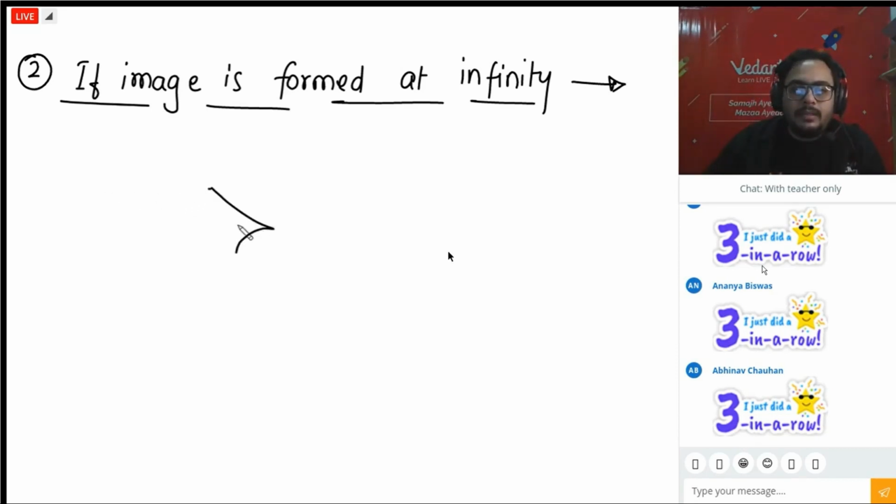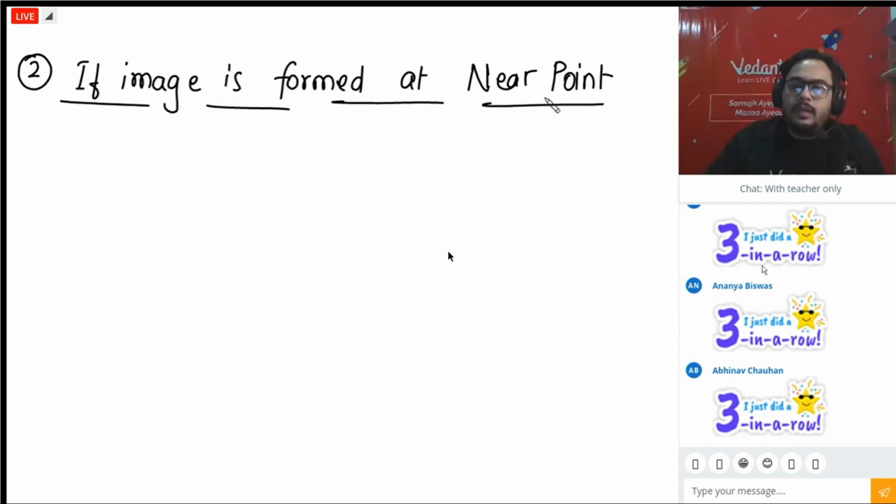Yes. So let's say this is your eye and you have this lens. No, we did this already. My mistake. At the near point, I want to make it. At the near point. So this situation will be stressed. Your eye will be stressed.